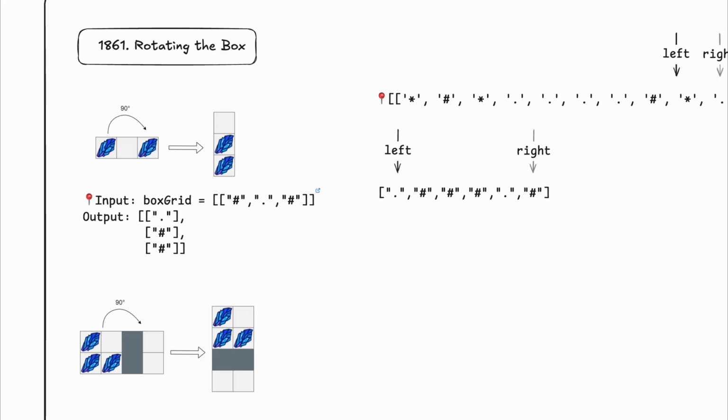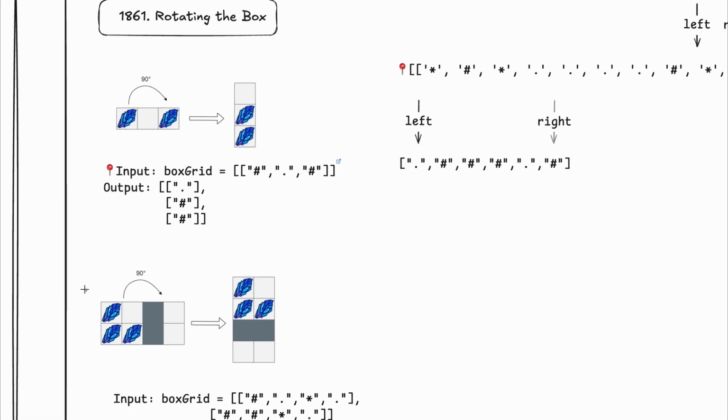For example, in this example, we see this piece of cells is an obstacle.